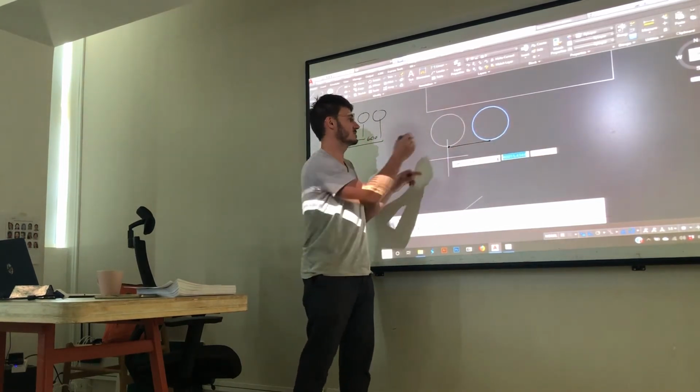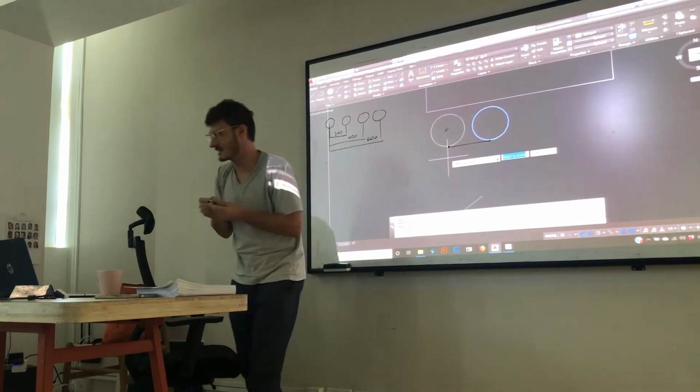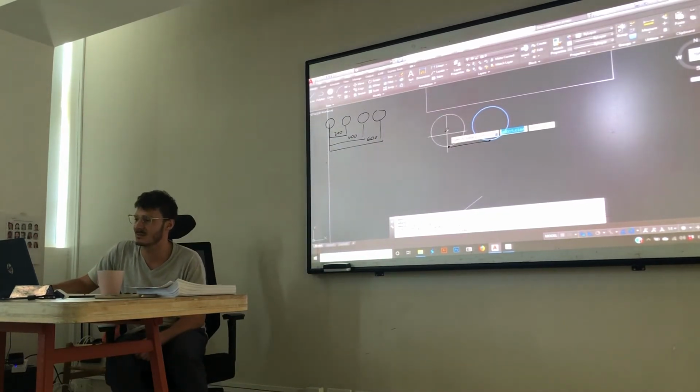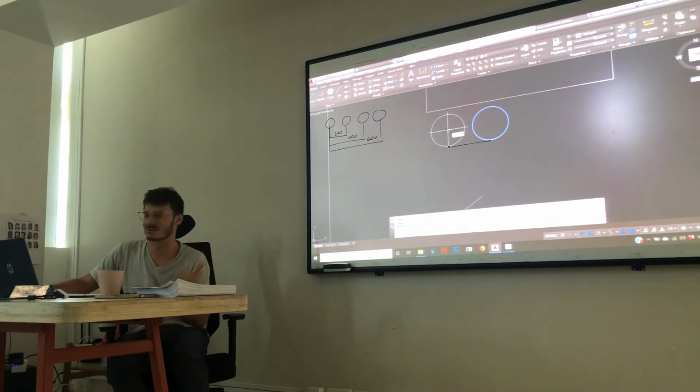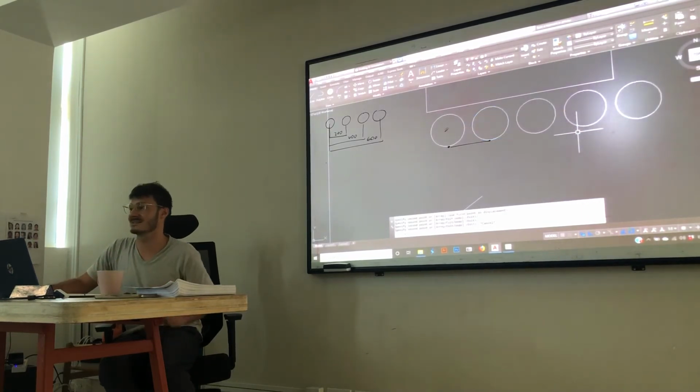So either this point or this center point. Once I start to move it, I can put it to the center, to the center, to the center, and then you need to give it a try and see how it works.